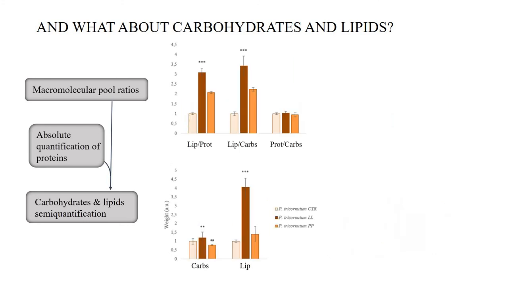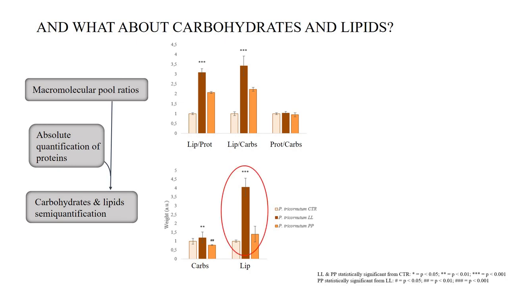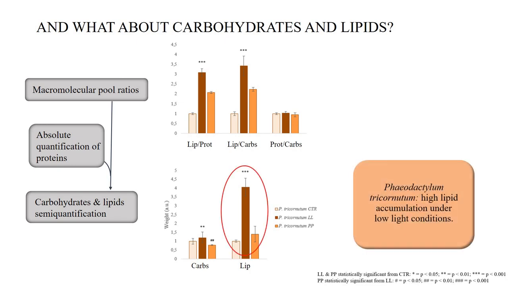Whereas Phaeodactylum tricornutum showed a substantially higher lipid accumulation, and despite the well-known fact that this diatom is an oleaginous species that prefers storing carbon into lipids rather than into carbohydrates, the question of why Phaeodactylum tricornutum produces so many lipids under low light rather than under control or photoperiod condition remains to be answered.